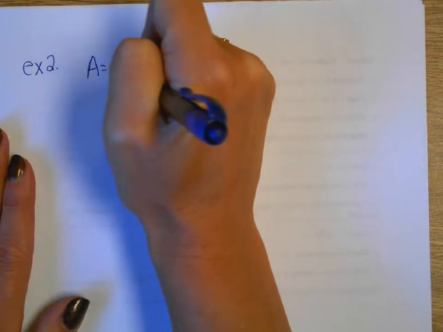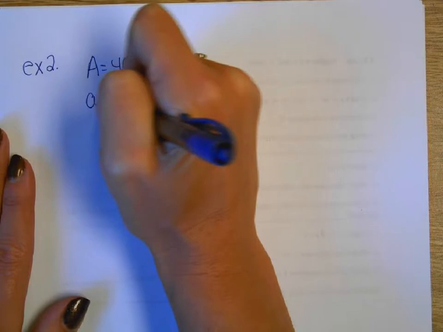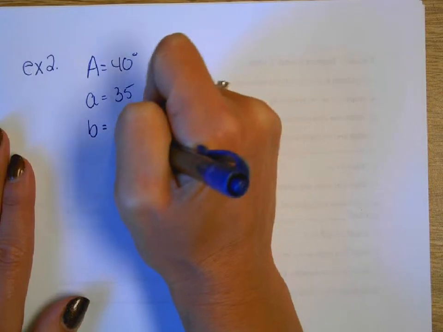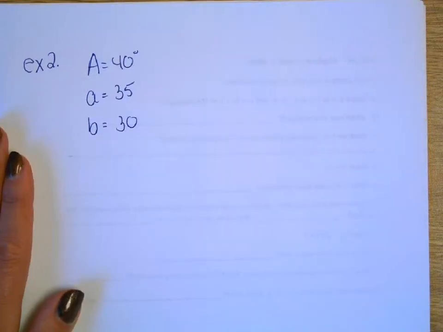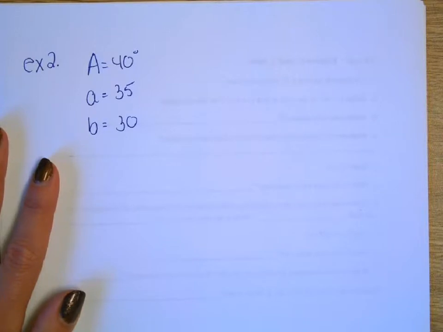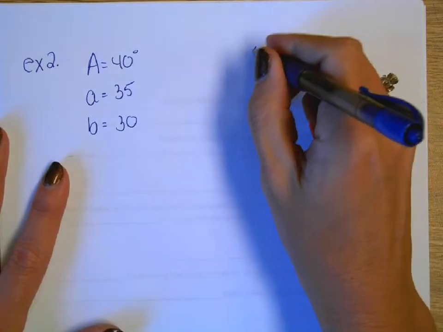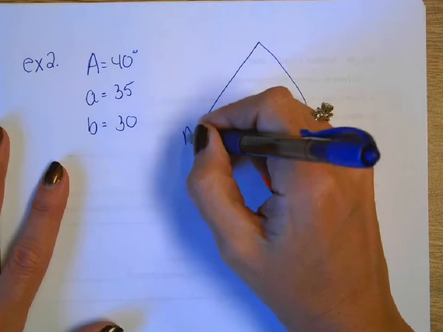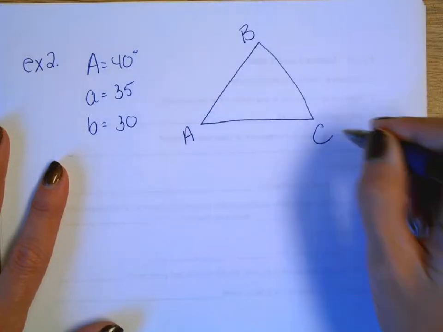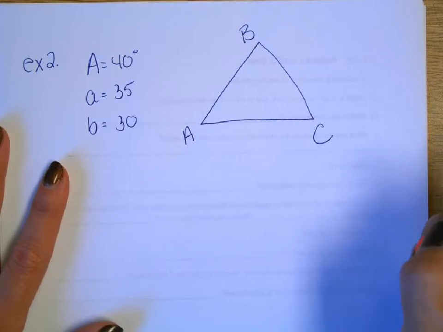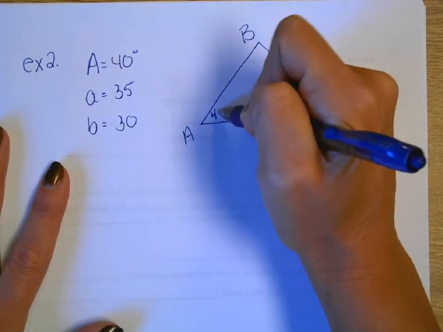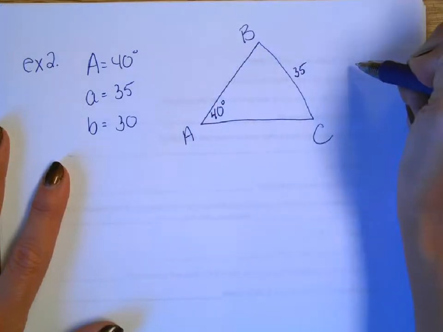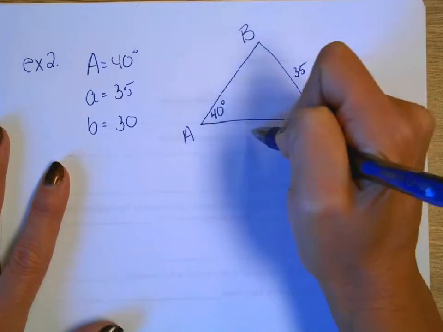A is 40 degrees. Little a is 35. Little b is 30.